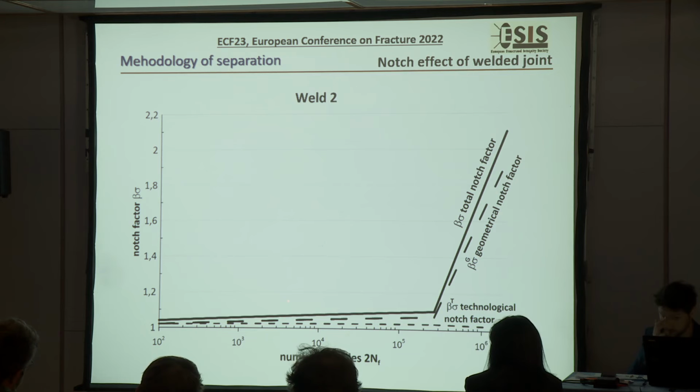This is absolutely perfect. Also, it's possible to see that somewhere from this point, in the high cycle fatigue region, by removing this geometrical notch factor, we can increase lifetime and decrease the total notch factor.